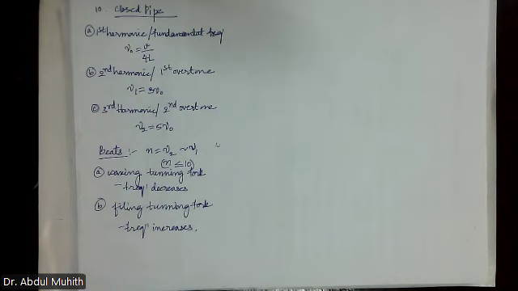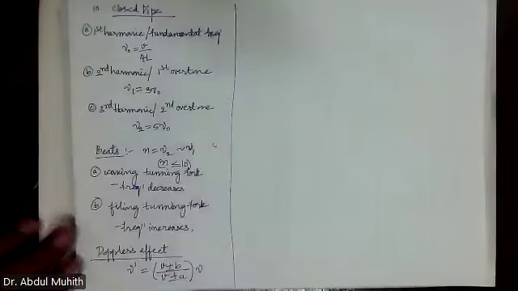Last one is what? Doppler effect. I told you there are 8 cases in Doppler effect. In Doppler effect, the formula is nu dash equal to (V plus or minus B) by (V plus or minus A) into nu. There are total 8 cases, as I discussed before, depending on the situation.